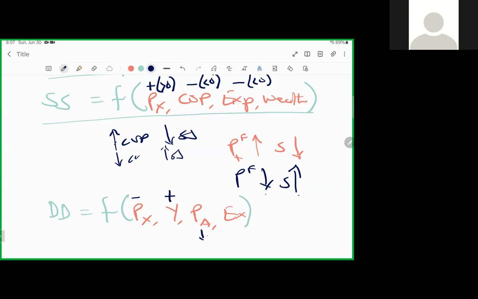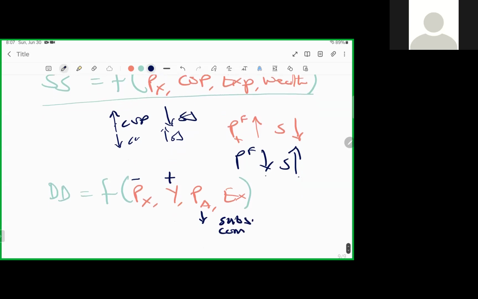Here we are talking about substitutes and complements. If it is a substitute, an increase in the price of a substitute will increase demand.